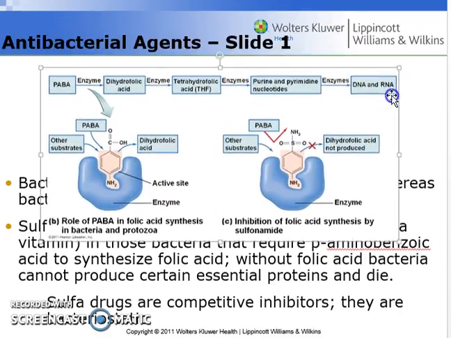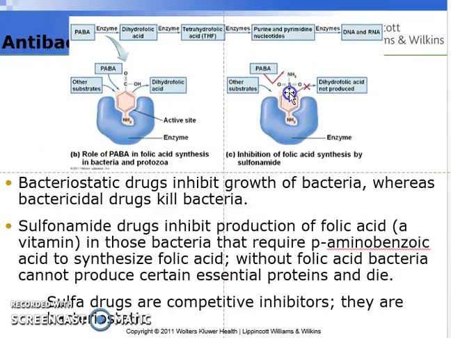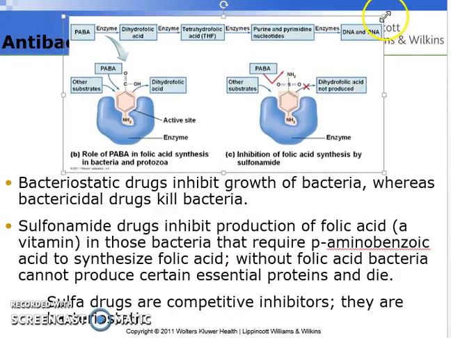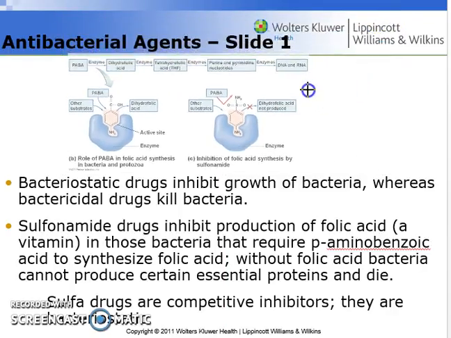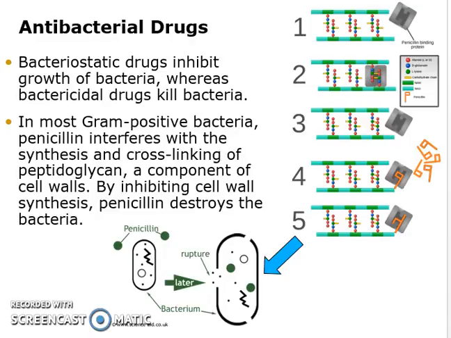And this is going to cause not the death of bacteria, but it will inhibit their growth because now they can't produce folic acid. So that's how that works. So again, bacteriostatic drugs are going to inhibit the growth of bacteria, and then bactericidal drugs will kill bacteria.